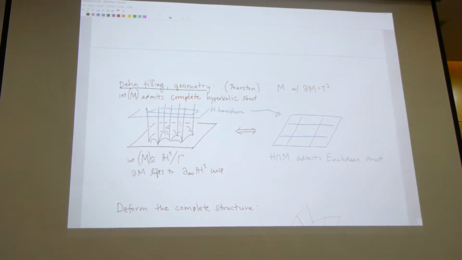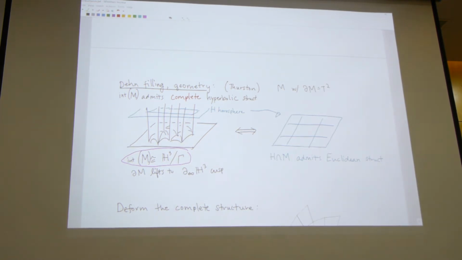If you lift to the universal cover, hyperbolic three-space, then your torus is going to lift to a collection of points at infinity. So you can take the point at infinity, for example, in the upper half space model. So here's our manifold. The interior of M is the quotient of H3 by a discrete group of isometries.